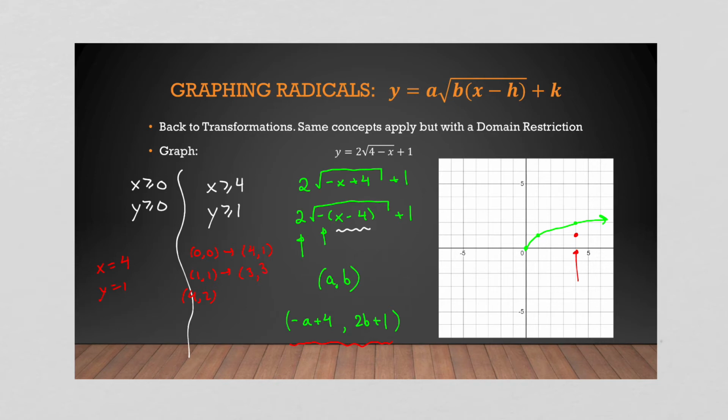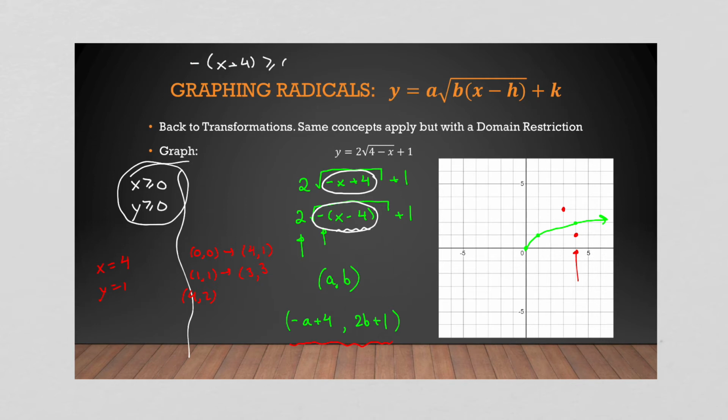So now you might be looking at this for a second, going, hold up. How come this looks like I'm going the other direction? Well, because this was our original domain, but I jumped the gun here on our new domain, because our new domain actually has to satisfy this, before we factor that -1 out. And the reason I emphasize this is that we need to consider that negative, because negative x minus 4 has to be greater than or equal to 0.